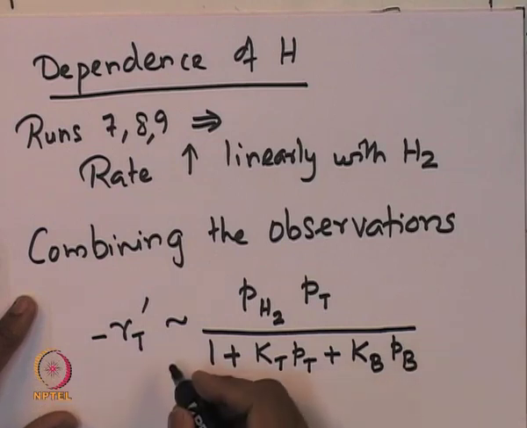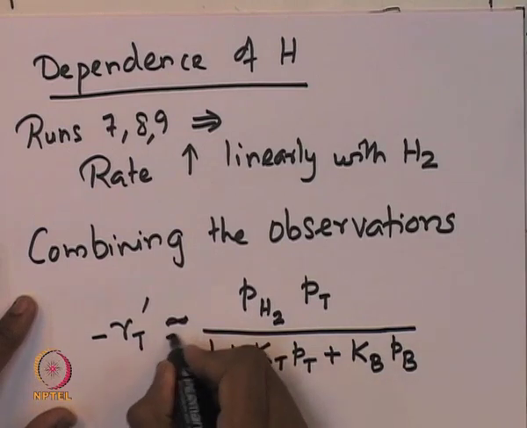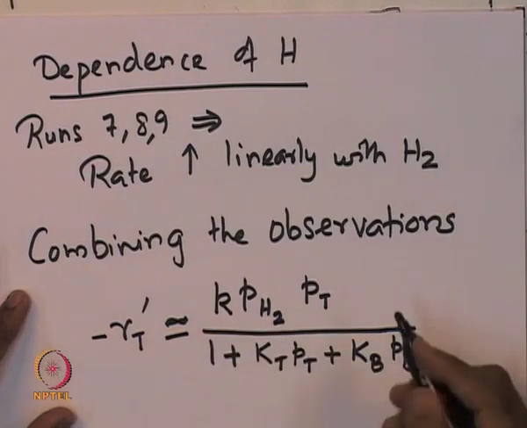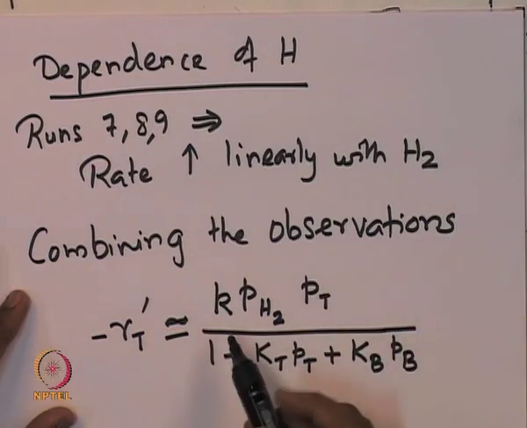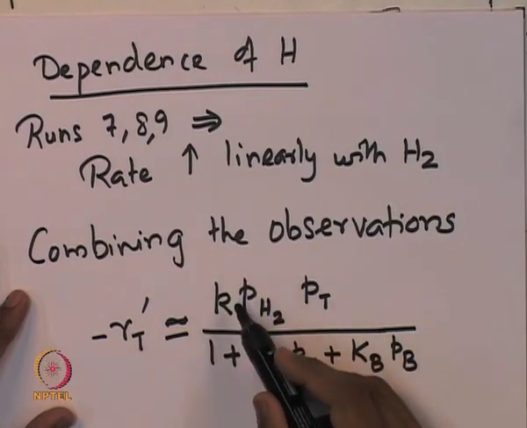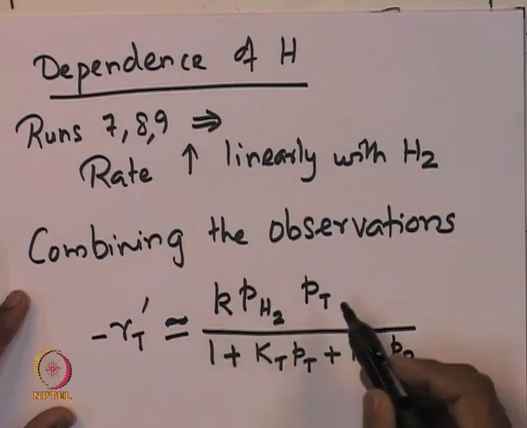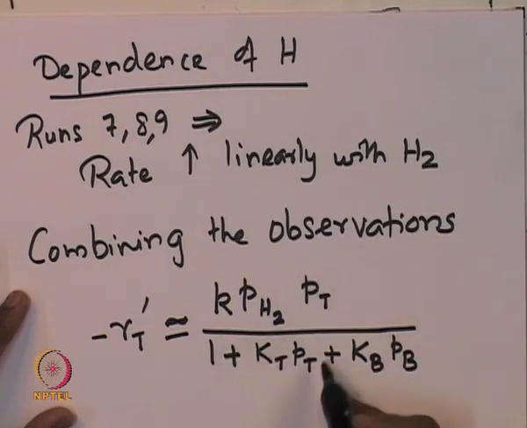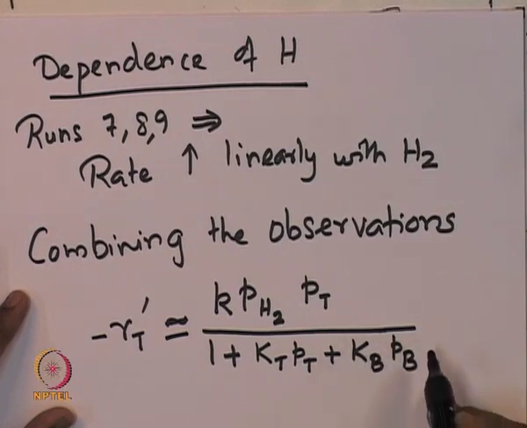Okay. So, now we can convert this proportionality into an equivalence by putting a rate constant in front. So, if I stare at this equation, you can see that the rate is directly proportional to the partial pressure of hydrogen, it appears both in the numerator and the denominator with respect to the partial pressure of toluene, and the partial pressure of benzene appears in the denominator of the rate expression.